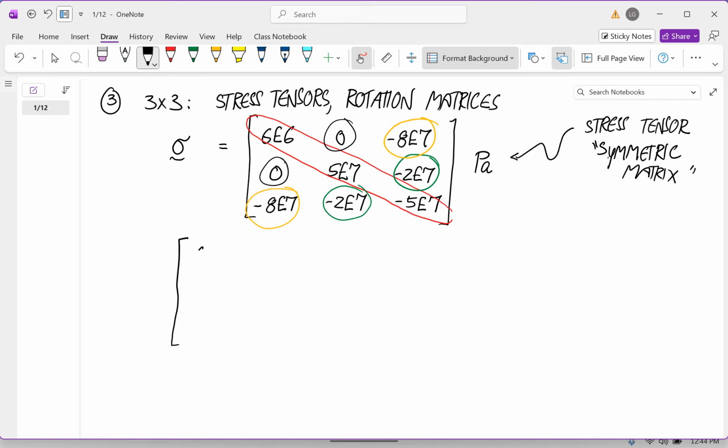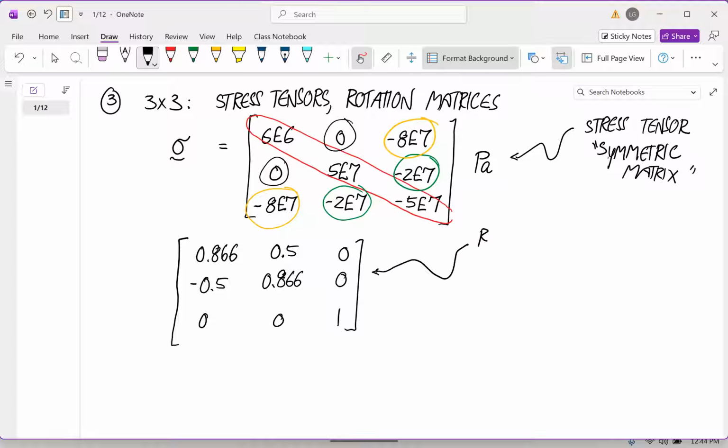So let's say 0.866, 0.5, 0, negative 0.5, positive 0.866, 0, and then 0, 0, 1. So this is an example of a rotation matrix.